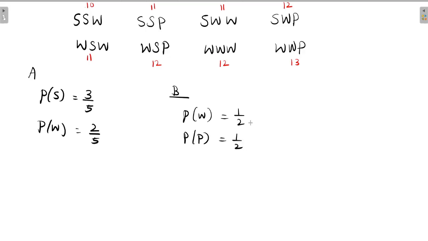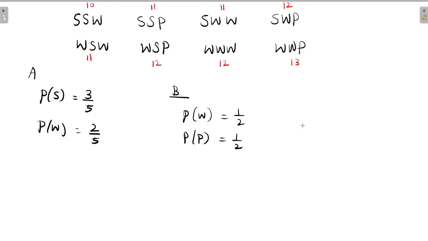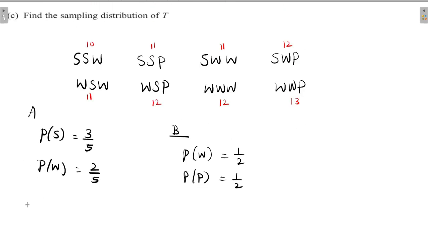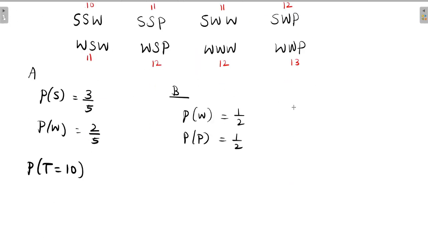Now we can find the distribution of T. Probability of T equal to 10, because we just found the values of T: 10, 11, 12, 13. So what are the possibilities to get T equal to 10?